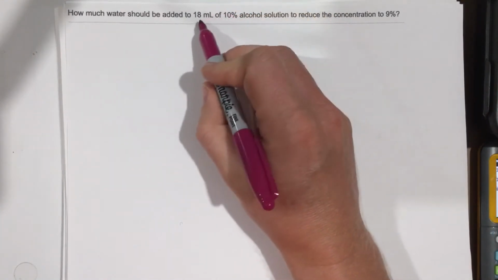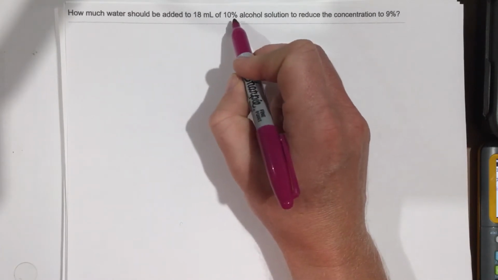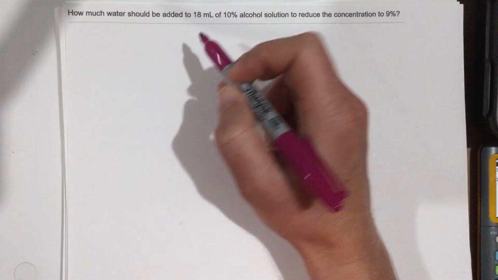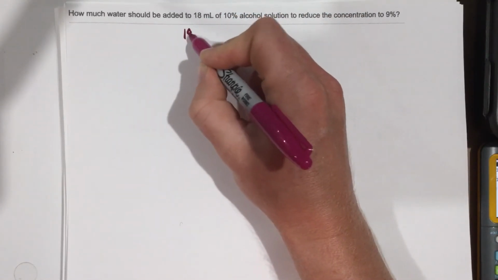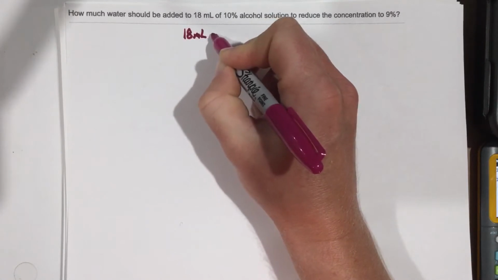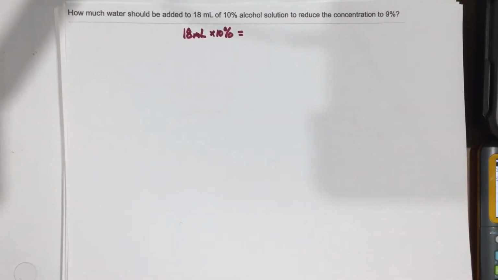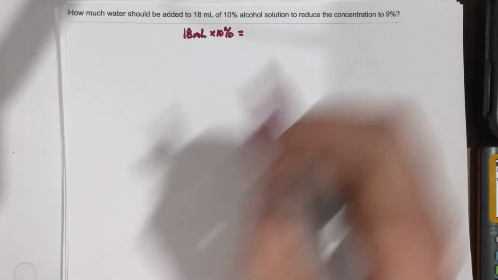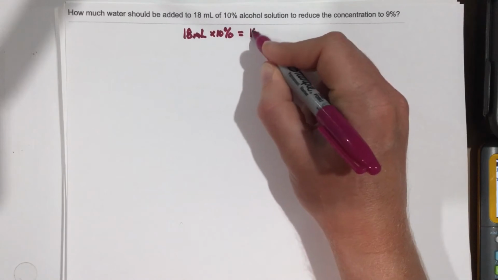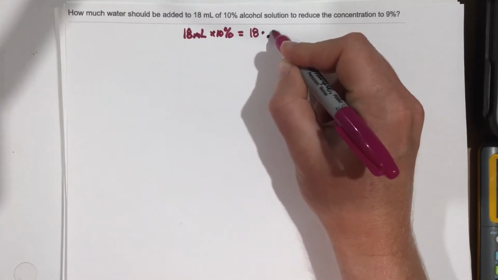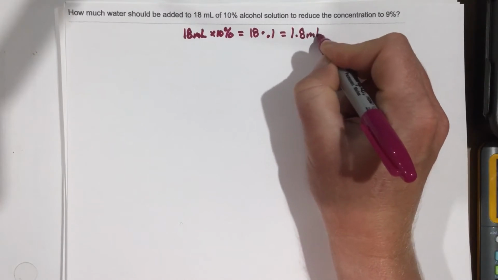If we have an 18 milliliter solution and 10% of that is alcohol, we can say that 18 milliliters times 10% is going to tell us the alcohol amount that's in there. So we're going to go 18 times 0.1, and that'll give you 1.8 milliliters.